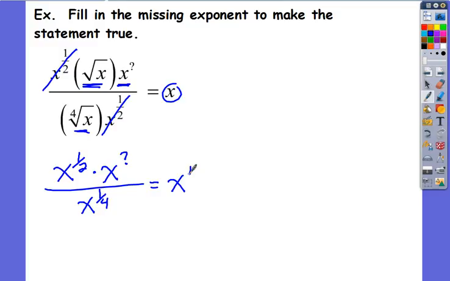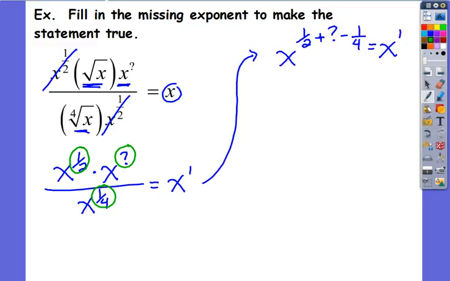So then think about what's happening here. If I'm multiplying terms with the same base, I could just go ahead and add my exponents. And then if I'm dividing by a term with that same base, I would subtract this 1/4. So from here, this is really what you're looking at. Your base is x, you're adding those exponents in the numerator, you're subtracting the exponent from the denominator.